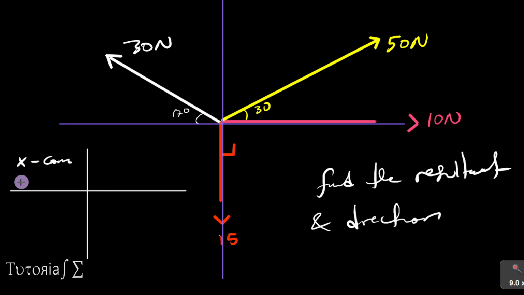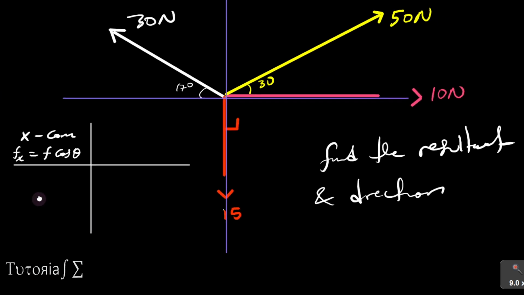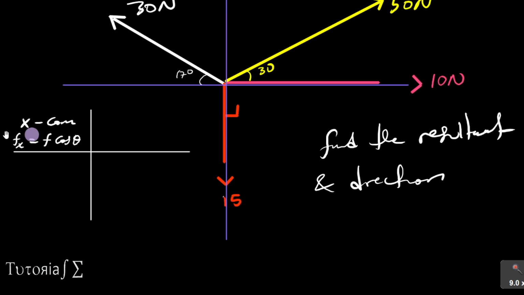So for the x component, force in the x is equal to the particular force we are talking about, cos the angle at which the force is at. So let me just zoom in there. So the particular force we are talking about, cos the angle. So that is how you resolve forces in the x component.